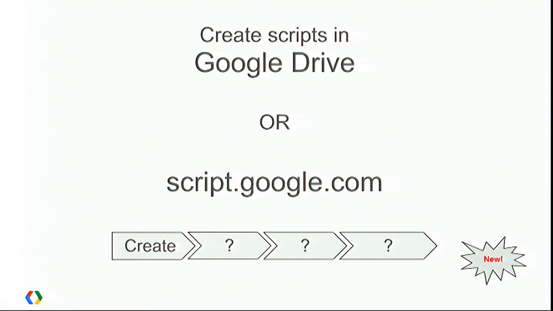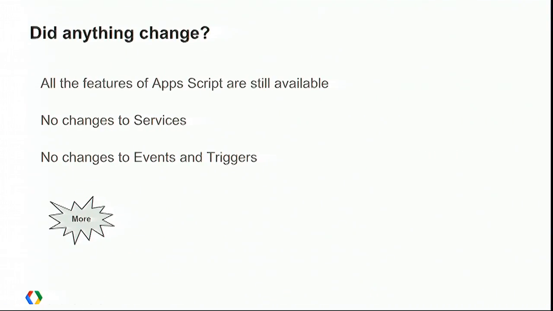Right? So did anything change with script.google.com? No. If you like the way Apps Script is today, or was till yesterday, you get all those features. You get all your APIs, your services, you get all your events, triggers, and a whole host of functionality. But with script.google.com, you get something even more.